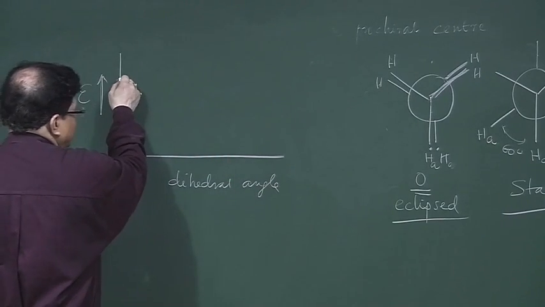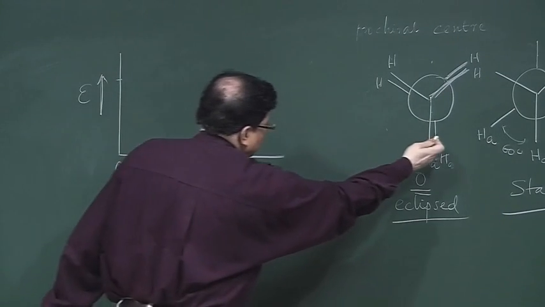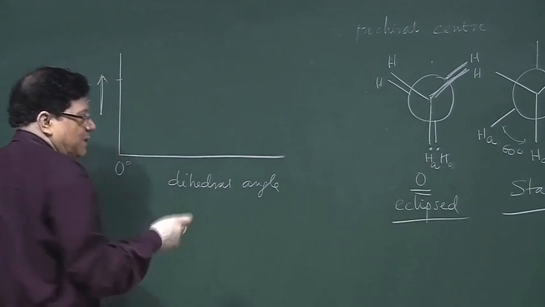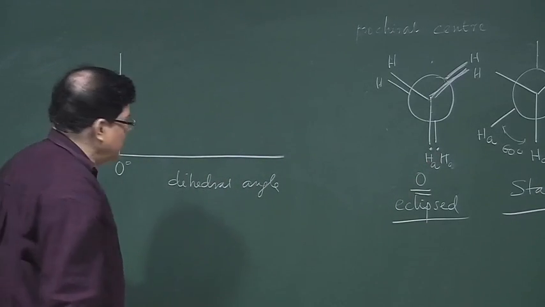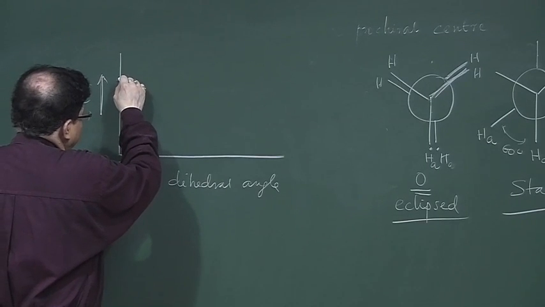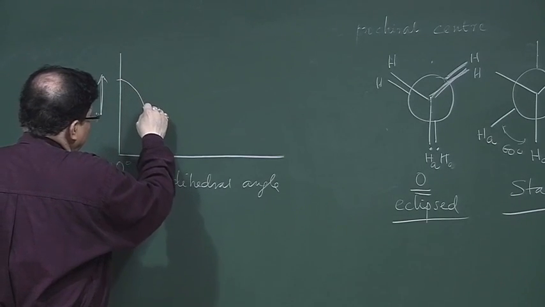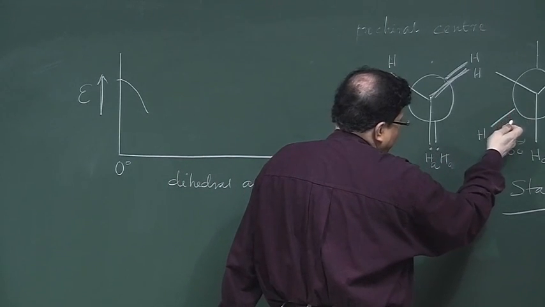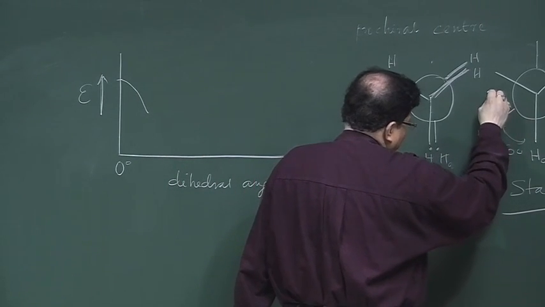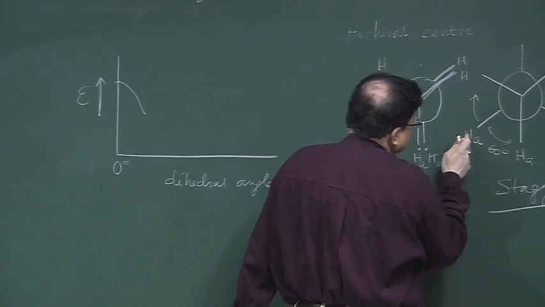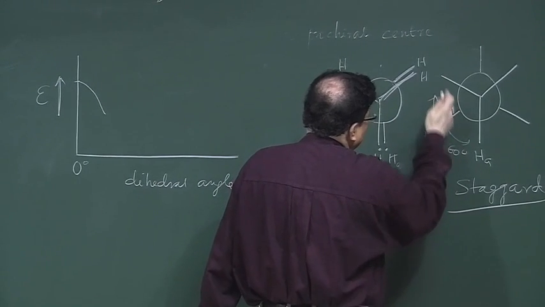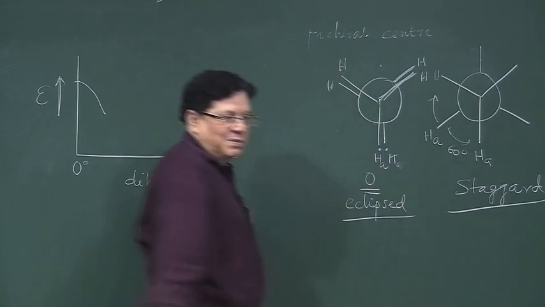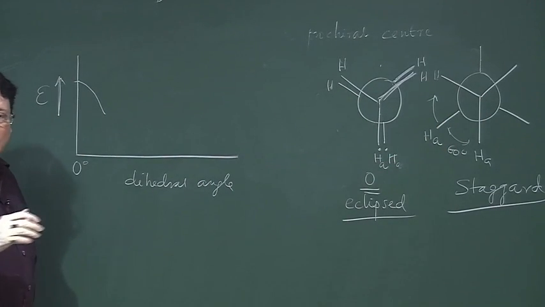You start from here, then as you move the hydrogens, the energy slowly decreases, because that repulsion slowly decreases. Ultimately it attains a minimum, but if you move it further, this HA slowly becomes closer to this CH bond. So, the energy starts increasing again.